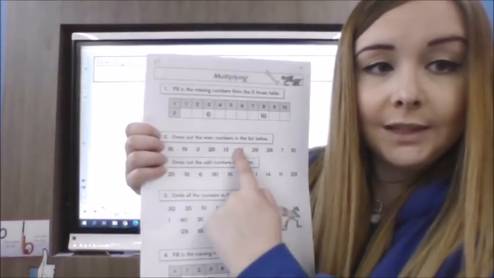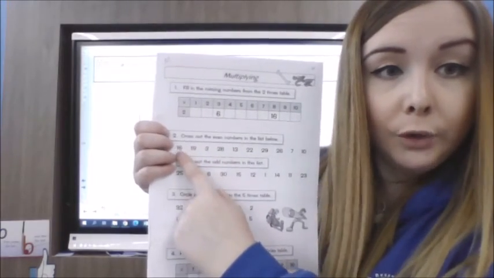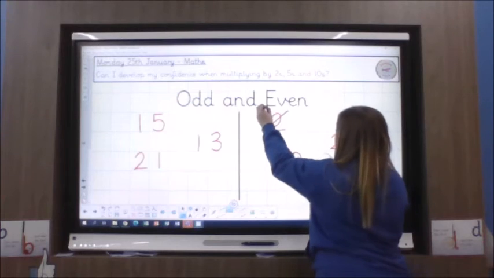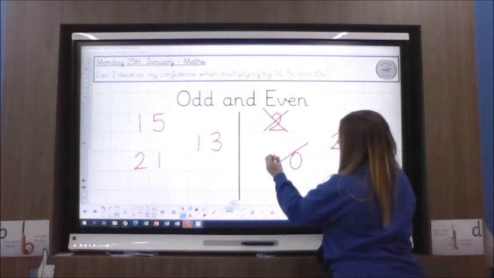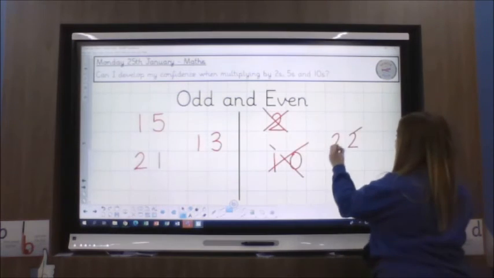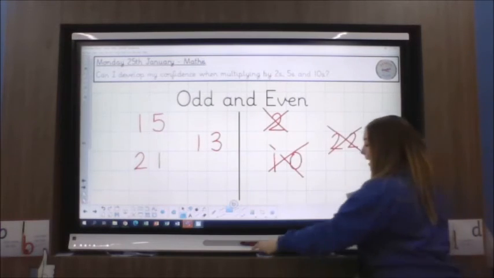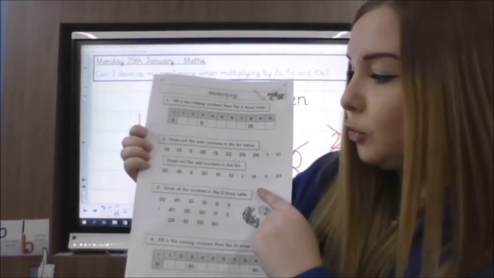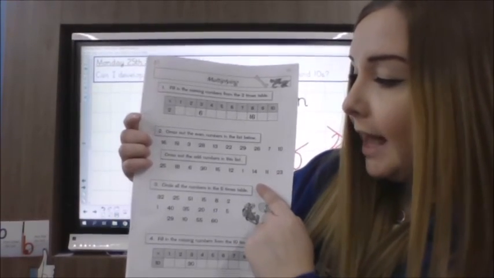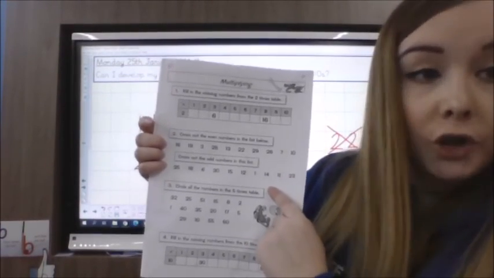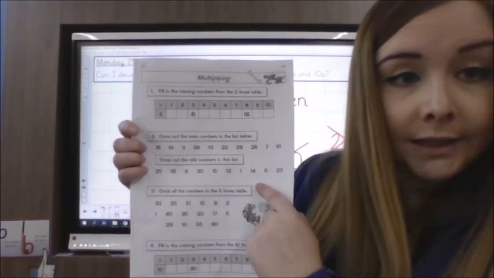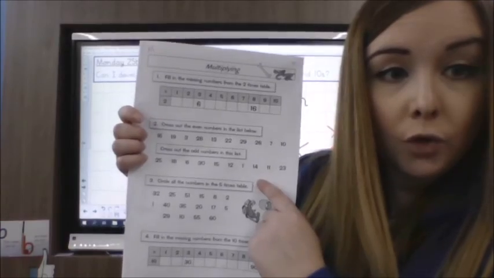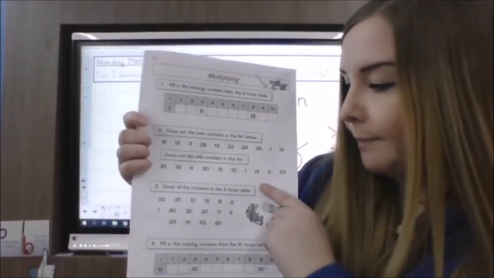So if any of these numbers are in your 2s, you're going to cross them out, just like I've done on my whiteboard. And then the second part of question 2 asks you to cross out the odd numbers in this list. So any numbers that aren't in your 2 times tables, you're going to cross out there.